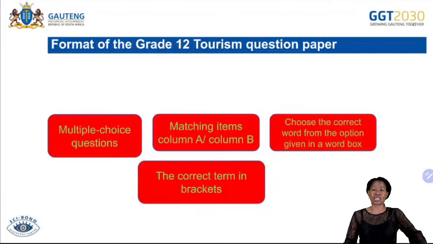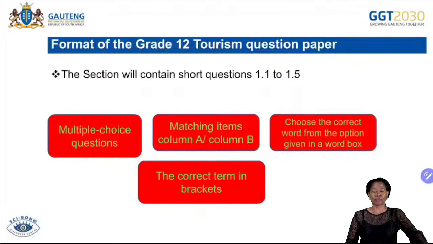This is our section A. They will consist of questions 1.1 until 1.5 question types. Like I said, section A will contain short questions from number 1.1 to 1.5. And then all of them will make up 40 marks.